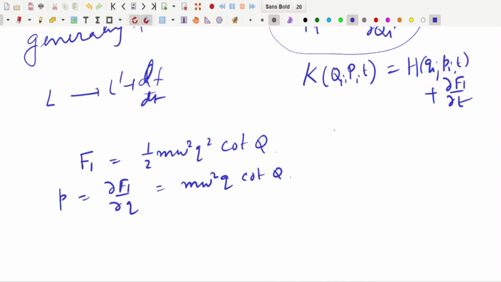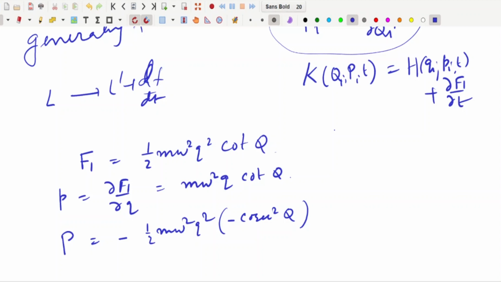And P will be minus half m omega square q square times minus cosec square Q, right, because I have to differentiate cot Q. The differentiation of cot Q is minus cosec square Q, and the minus sign comes from the formula.